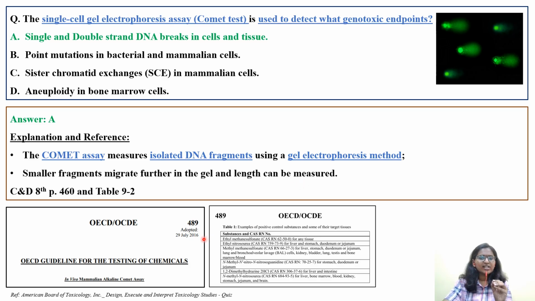Before that, let's see what the OECD guideline for this Comet assay is. The OECD guideline is OECD 489, adopted and implemented in the year 2016. The title of the assay is In Vivo Mammalian Alkaline Comet Assay. This picture is also taken from OECD guideline 489, which states some examples of positive control substances and some of the target tissues.